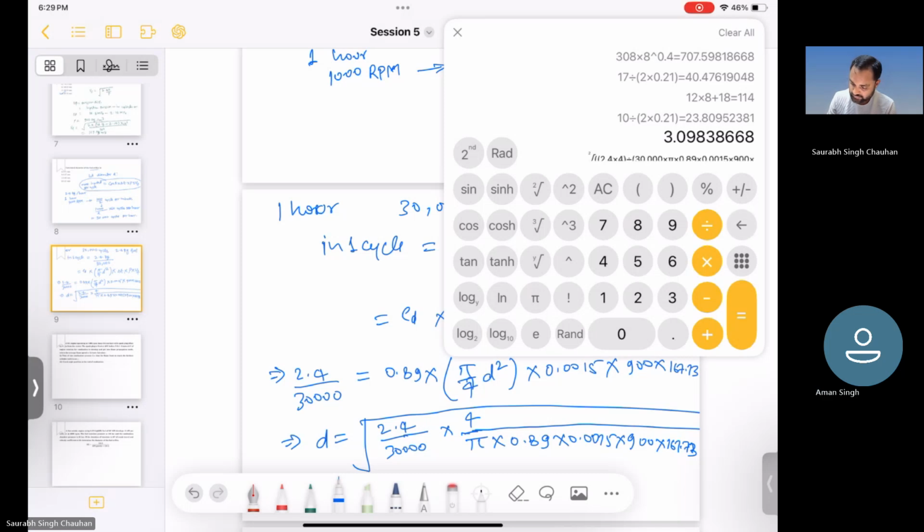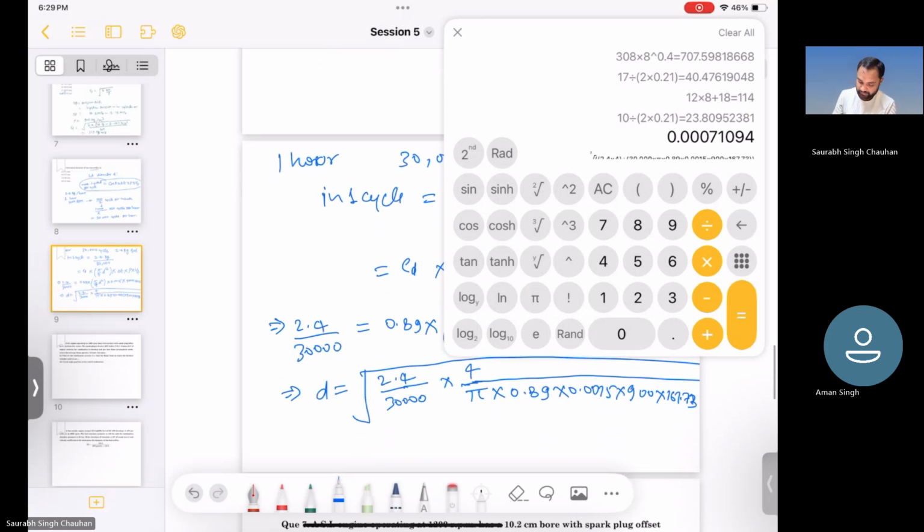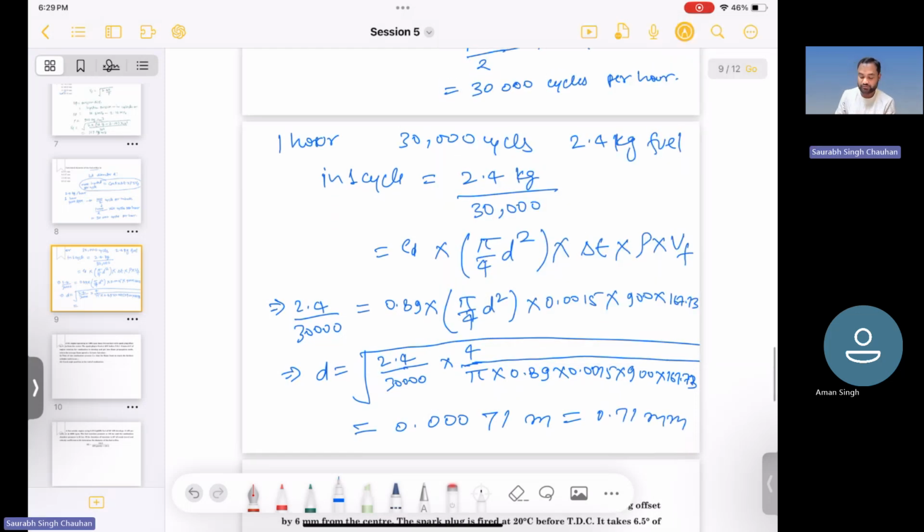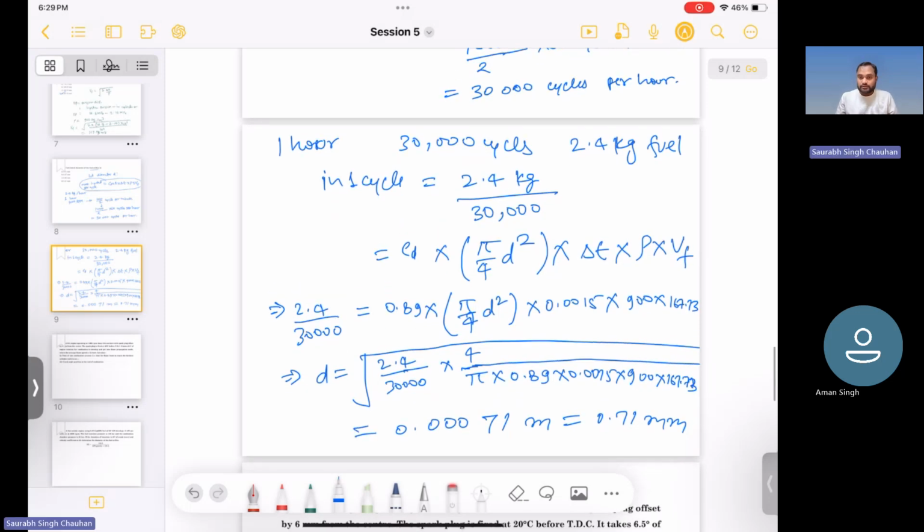So I'm getting 0.00071 meter, so 0.71 mm. Okay, so you are getting the same. So this should be the nozzle hole diameter.